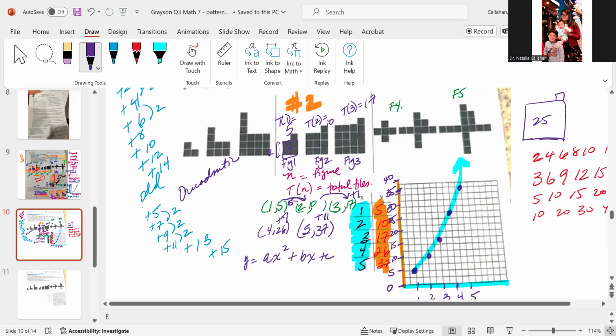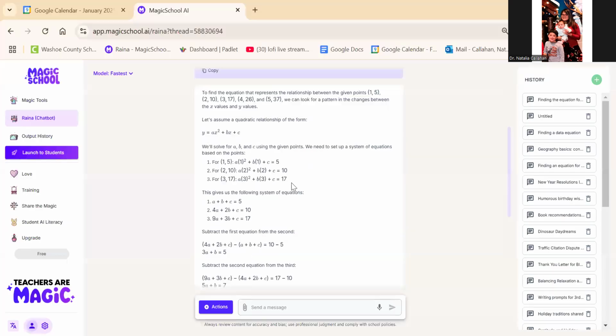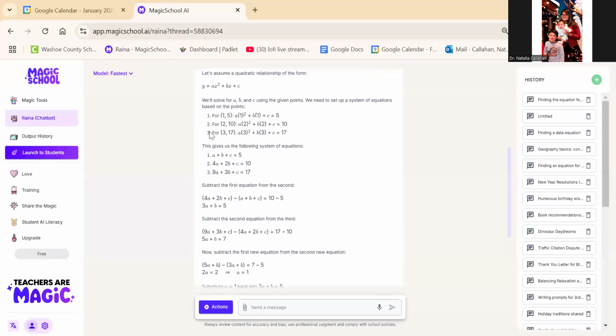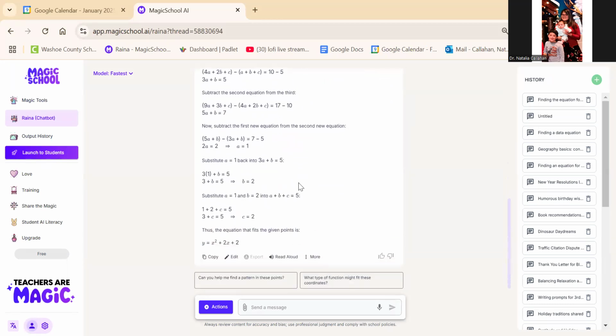A, B, C are numbers, right? Okay. So let's go back over here and see what the equation is. x squared plus 2x plus 2. This is your equation. Do you see that?